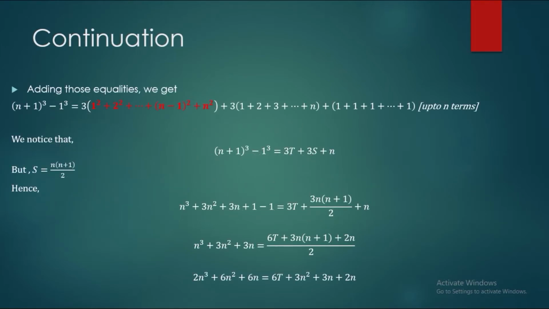So we add all the equalities that we derived before. First of all, we notice that most of the terms on the left hand side cancel out. So we get (n plus 1) quantity cubed minus 1 cubed on the left hand side.